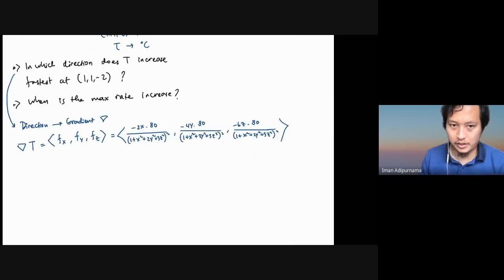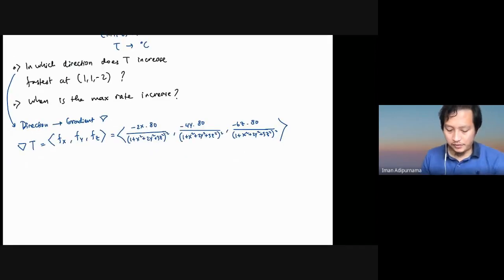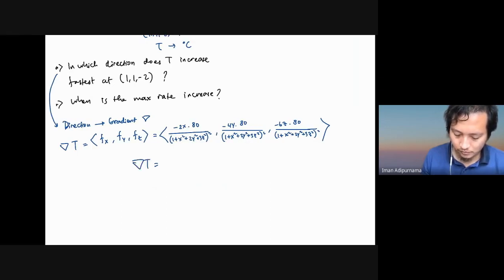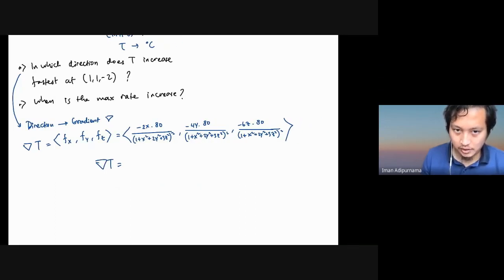And this is our gradient here. Maybe we can simplify. I think we can take 160 out of the equations at the bottom.